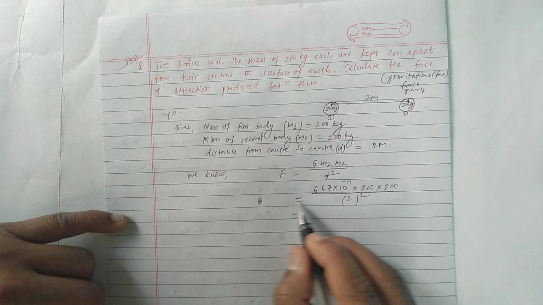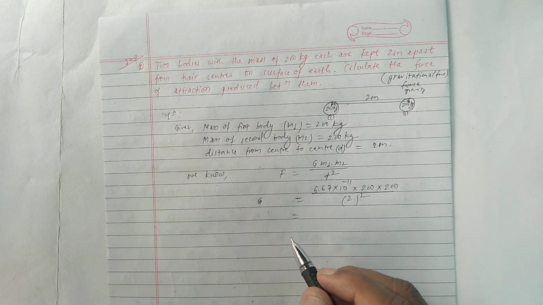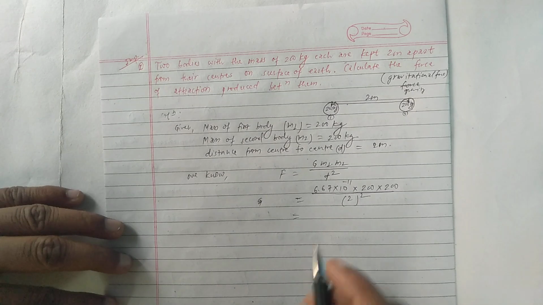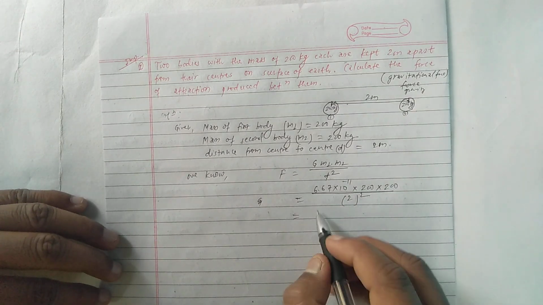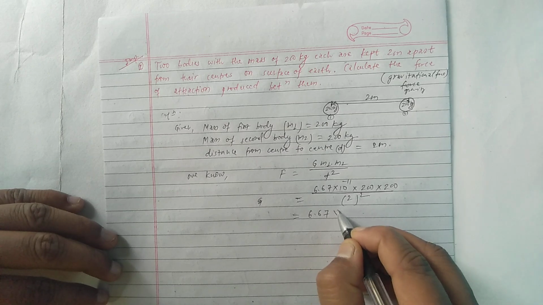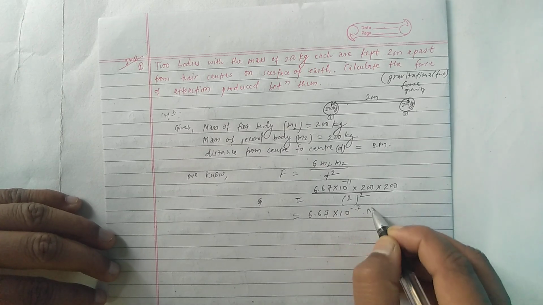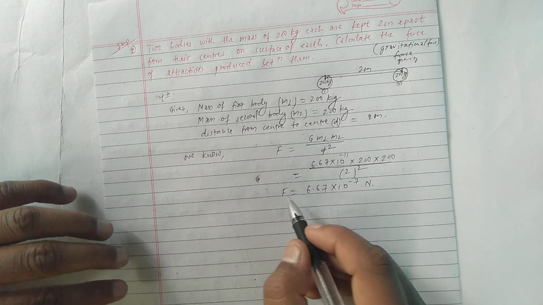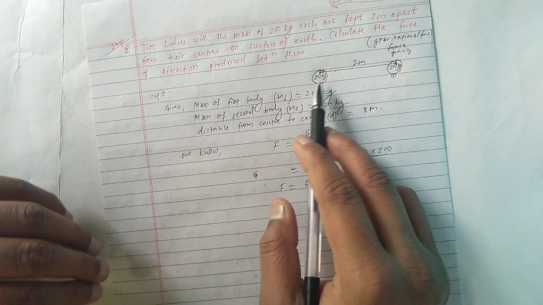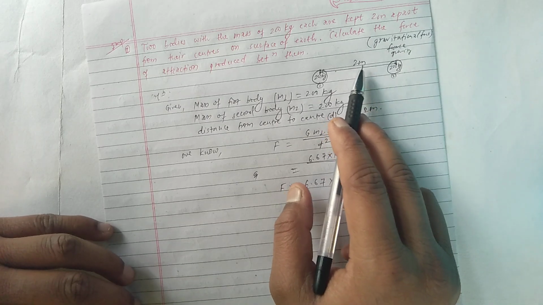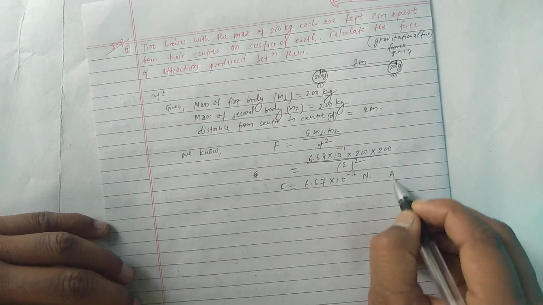After calculating all these values, if you calculate this in your calculator, the value becomes 6.67 into 10 to the power minus 7 Newton. This is our required force of attraction between these two bodies, having mass 200 kg each and separated by a center to center distance of 2 meter.